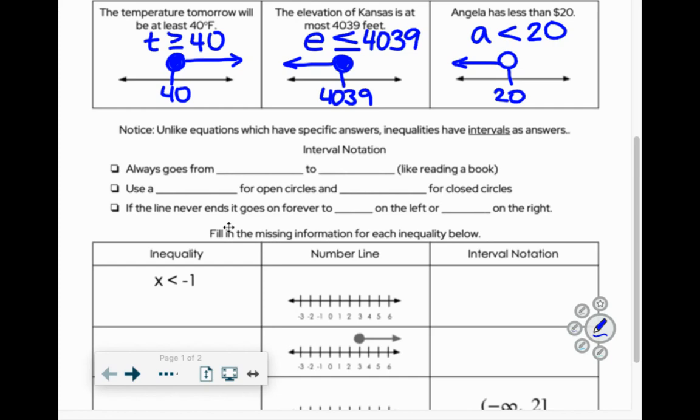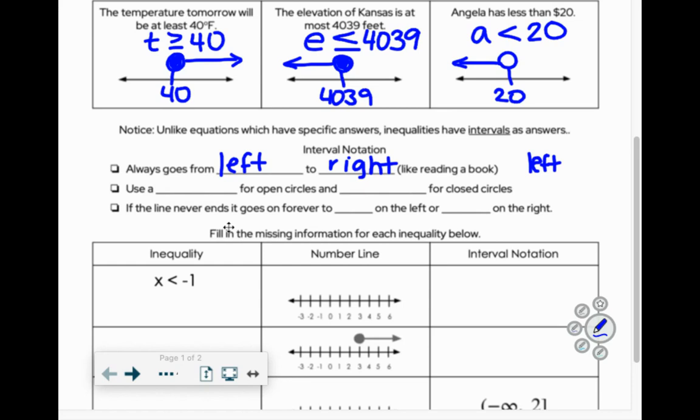Something like that. Okay? And something you need to know about intervals is they always go left to right. Just the same way you're reading this sentence right now. The way we read in English is left to right. Yes, there are other countries that read right to left, but that's not English. We're not going to do that. Basically, you're going to say, here's the left side of my graph.